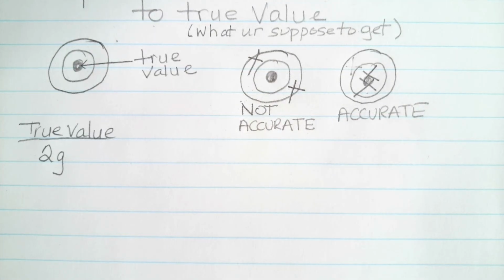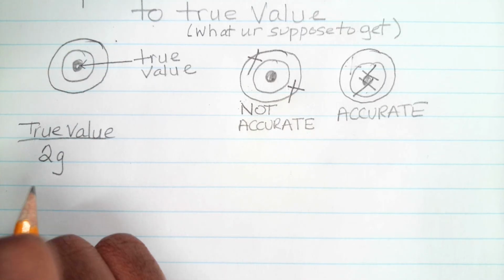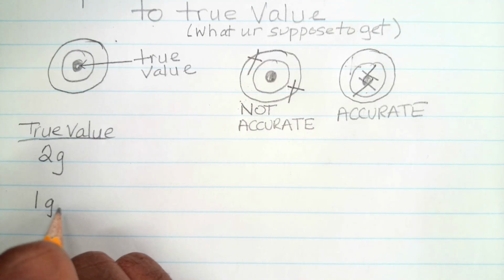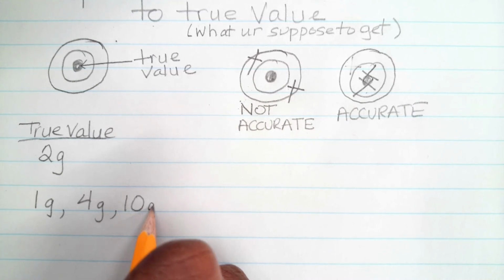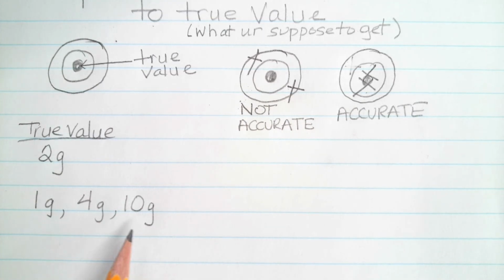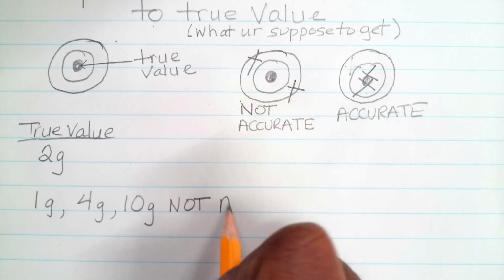But when you measured out something 3 times, you got 1 gram, 4 grams, and 10 grams. Are these measurements accurate? No. Why are they not accurate? Yes. So not accurate.